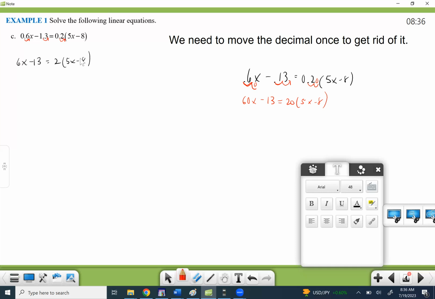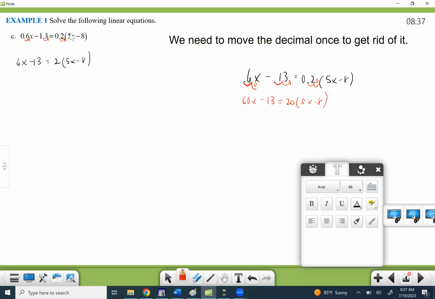Now, something that I want to point out is I did not do it to the 5 and the 8 here. And that's because if I multiplied this guy by 10, which I did, I moved its decimal once. So I multiplied it by 10. When this distributes now over here, right? The 10 that's kind of inside of this is going to get distributed to the 5 and the 8 anyways.